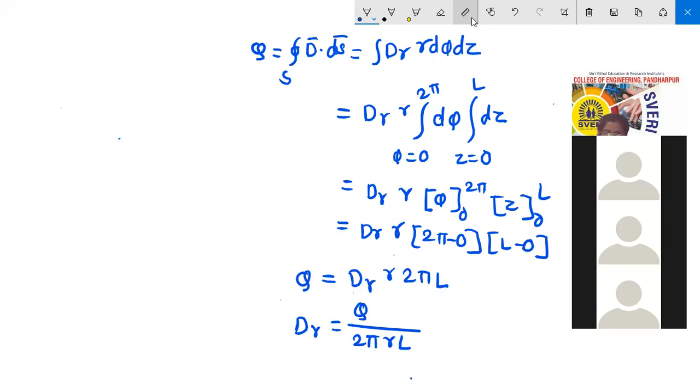Okay. Now, we have seen the equations for this line charge density, right? Surface charge density rho s, then volume charge density. What is rho L?